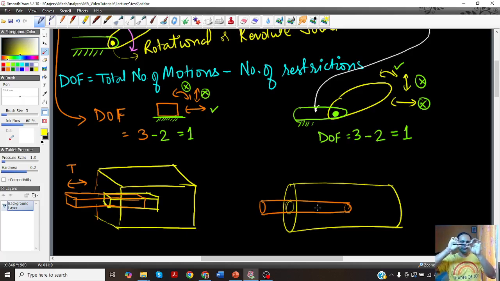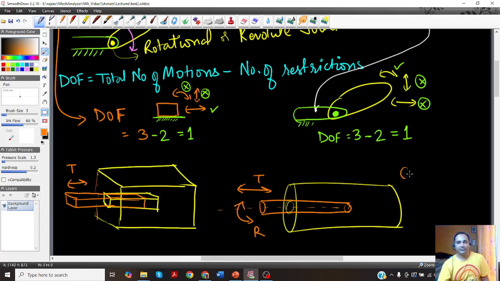I can translate, I can also rotate, right? So these two motions are independent. That means there is a translation and there is also a rotation. Okay, so this is known as a cylindrical pair, and the degree of freedom of this is 2.